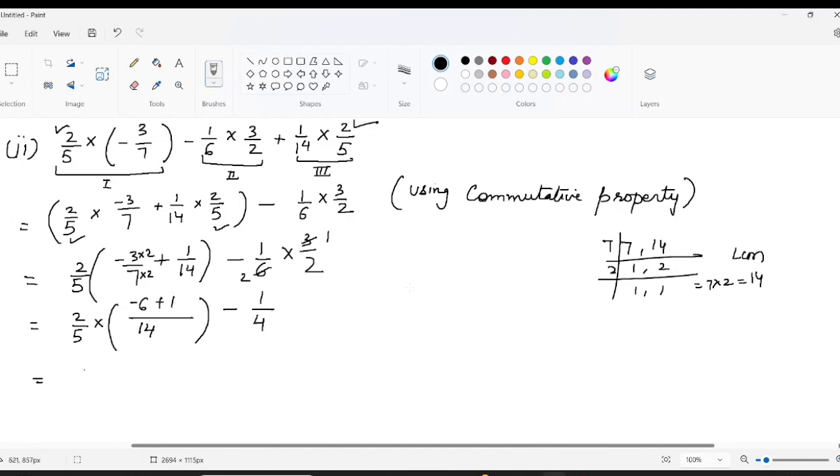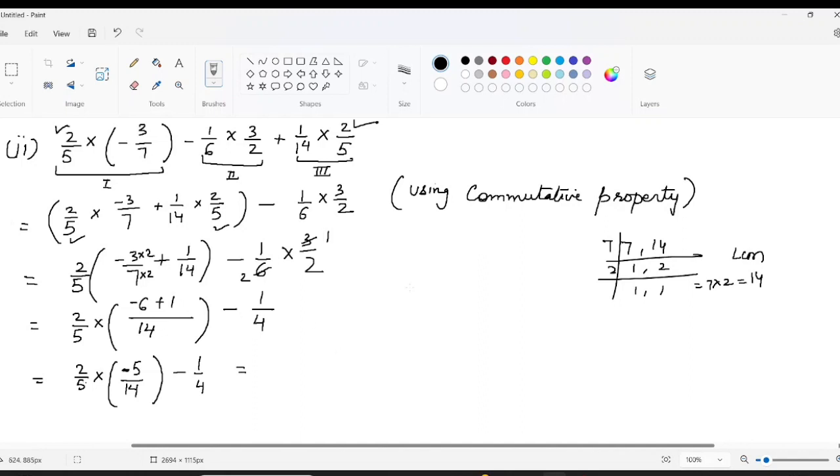Now 2 by 5 multiply by, in the bracket we have to open this, so 14 will remain 14, and minus 6 plus 1 is minus 5, and here it is minus 1 by 4, which we have already simplified.